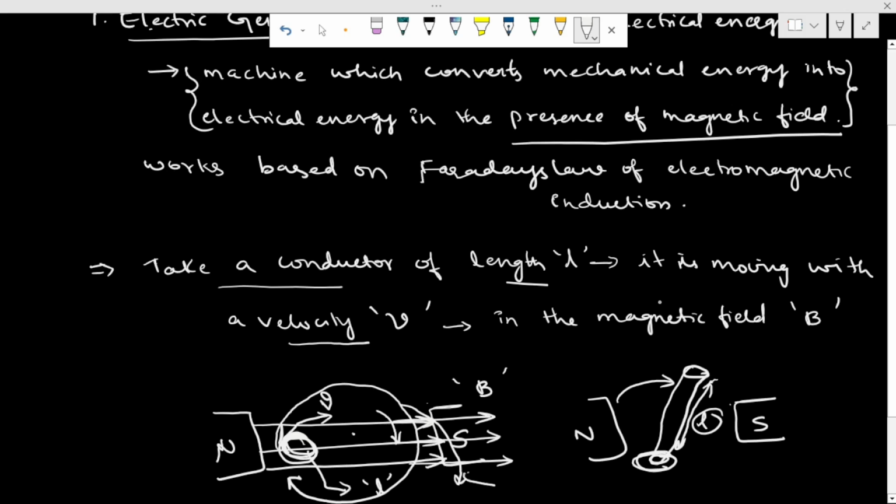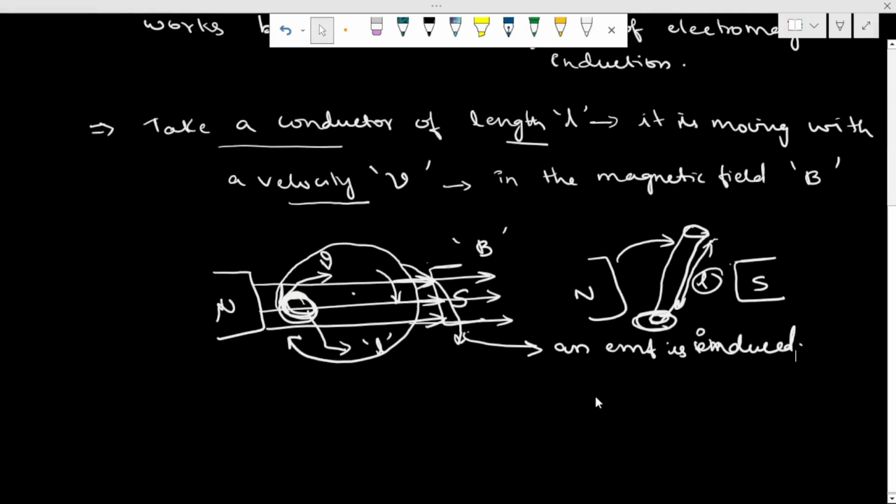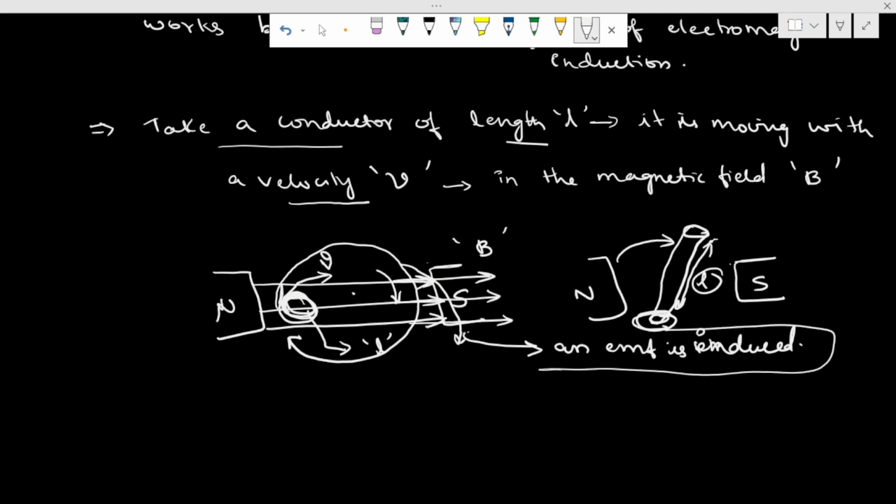When the conductor is cutting the flux, an EMF is induced. This is Faraday's law of electromagnetic induction, also known as Faraday's first law: when a conductor cuts the magnetic flux, an EMF is induced. The generator works on the principle of Faraday's law of electromagnetic induction.